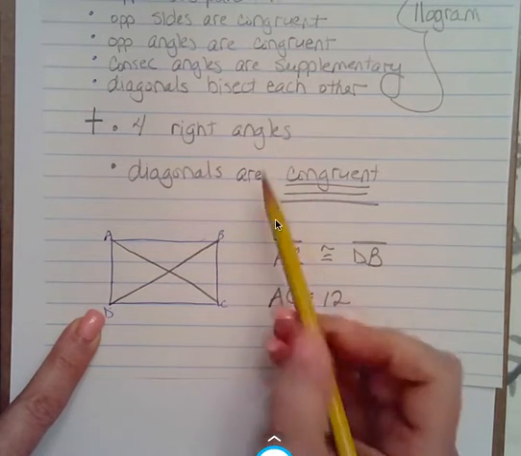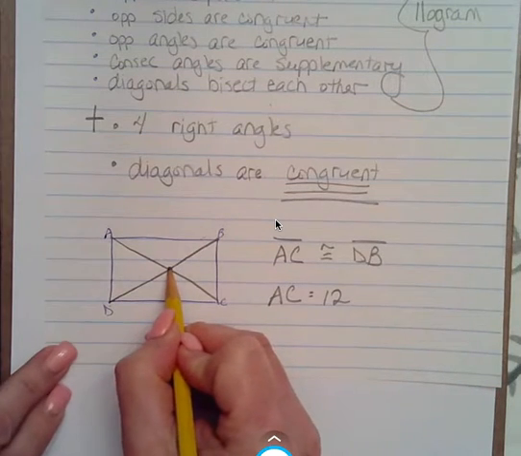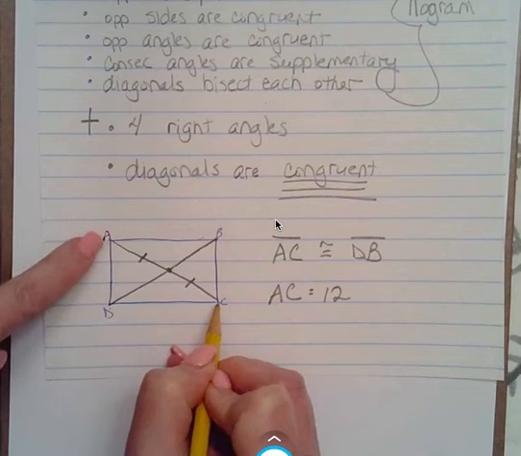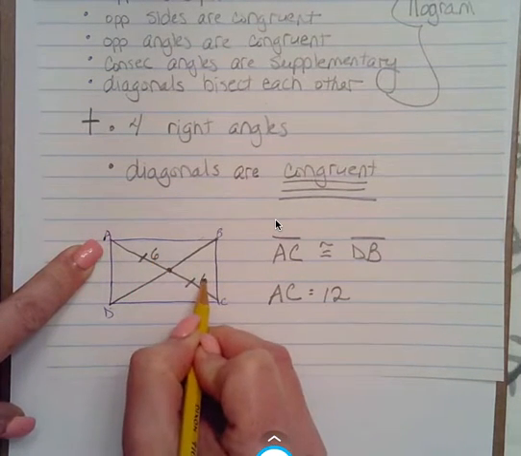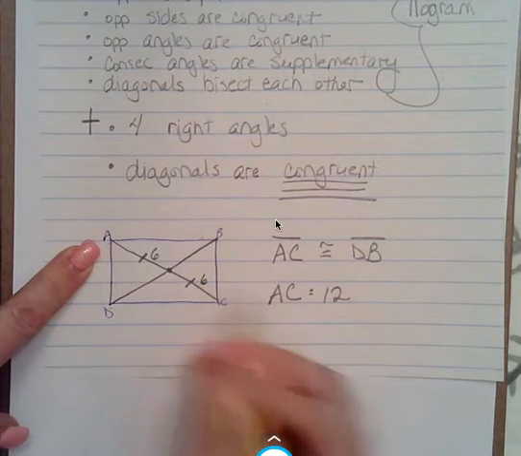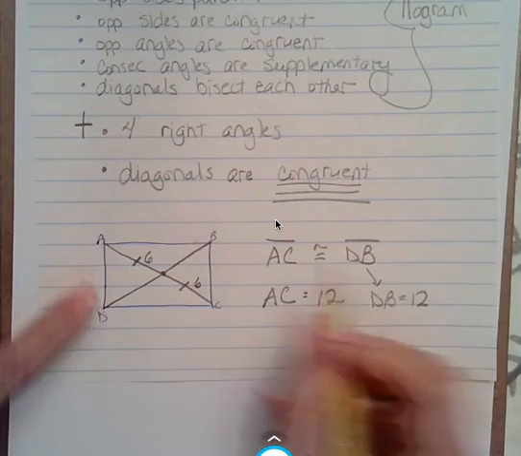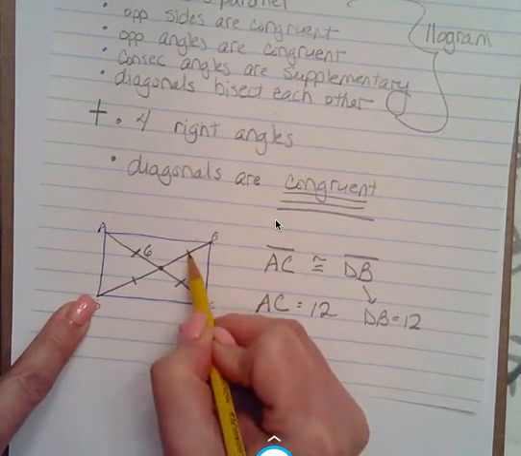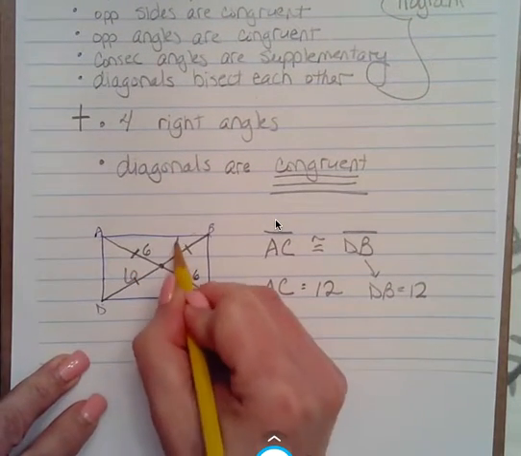But not only that, we also remember that the diagonals bisect each other here. So these pieces are congruent. If AC is 12, then each of these would be 6. But DB is also equal to 12, and remember that it is also bisected, so it's cut in half, and each of these is 6.